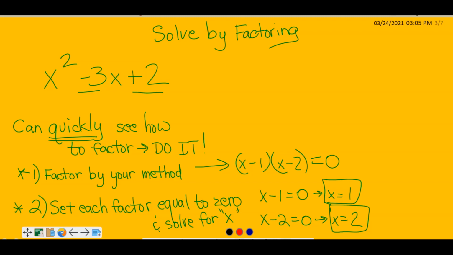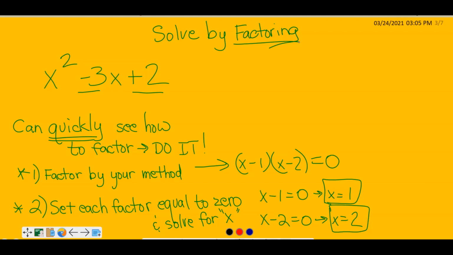And we'll learn about that in a bit. So you are only going to solve by factoring if you can take one look at your quadratic and within 30 seconds be able to factor it. Pretty much you're only going to choose this method if you can do it in your head.